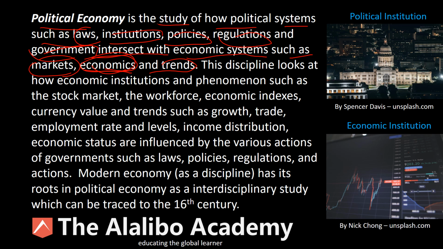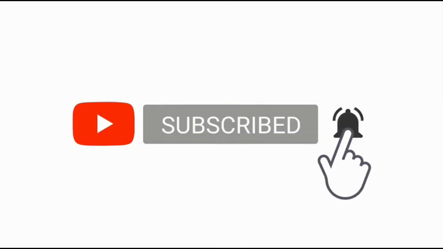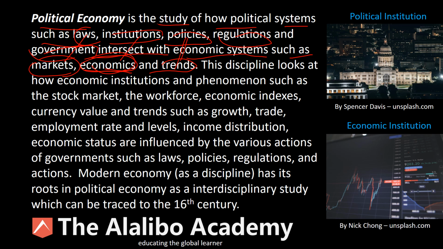How do laws impact markets? How do institutions impact the economy? How do policies impact trends? It doesn't have to be specific in this way. It could be how do policies impact the economy? How do institutions impact markets, and so forth?